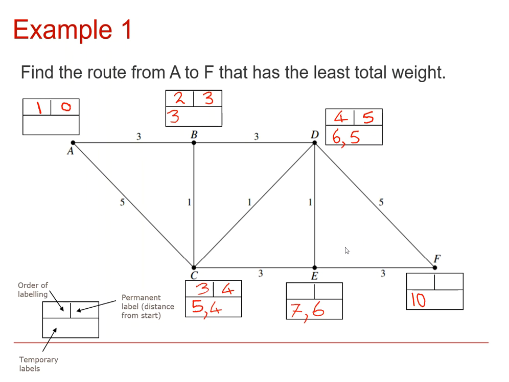And so which ones are temporary now? I've got E and I've got F. E is the one which is the least, so that is the next permanent node, and that gets an order of 5. Okay, so where can I get to from E? Well, the only temporary node left is F. If I do 6 plus 3, that gives me 9.